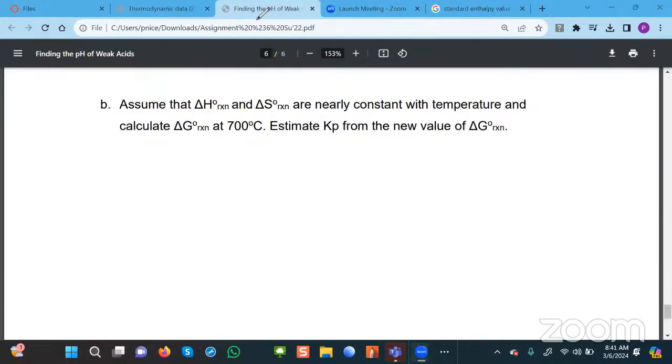The equation that you're going to use in this case is what we met before, which is delta G standard is equal to delta H standard minus T delta S standard, right? Now, in this case, you're going to find the initial delta H and delta S, using the same process that we used before.